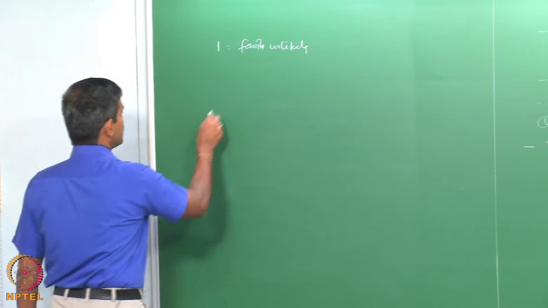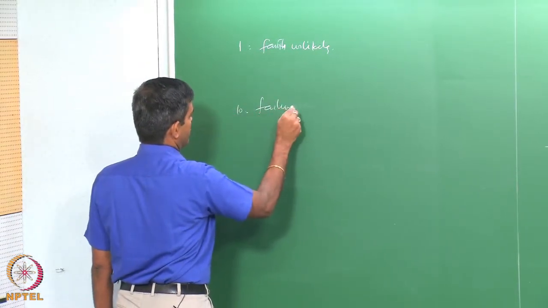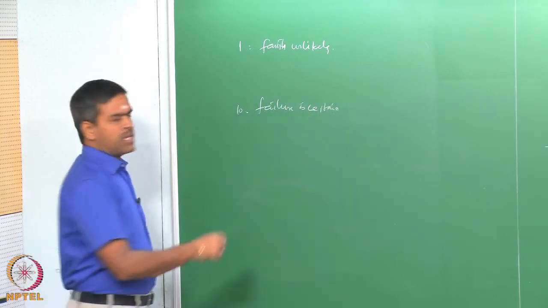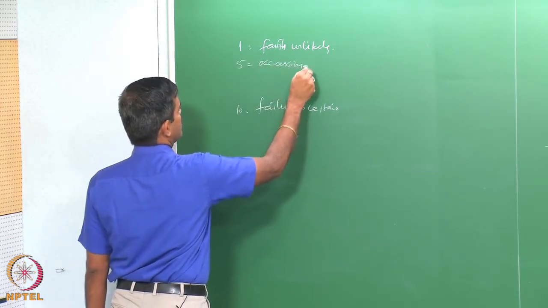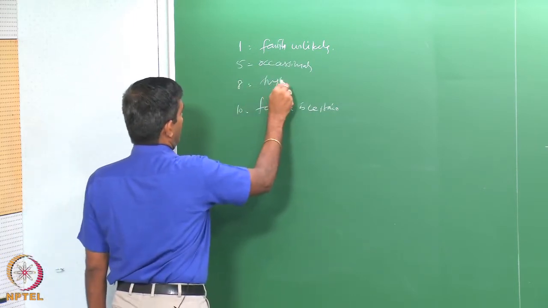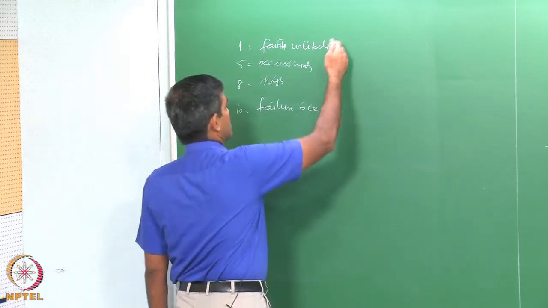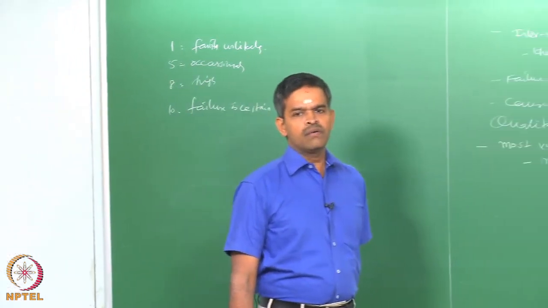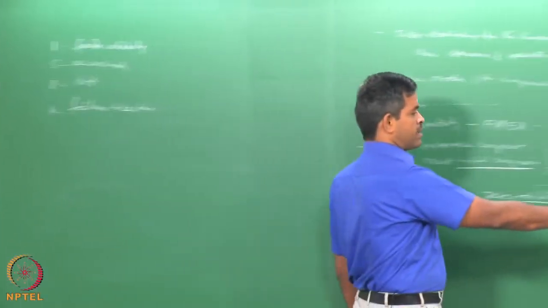Obviously, 10 will indicate failure is certain. 5 is occasionally it can fail, and 8 one can look at as high occurrence. So, depending upon the perceived occurrence of any failure of the component, one can associate a number to this. I call this O as indicated here.